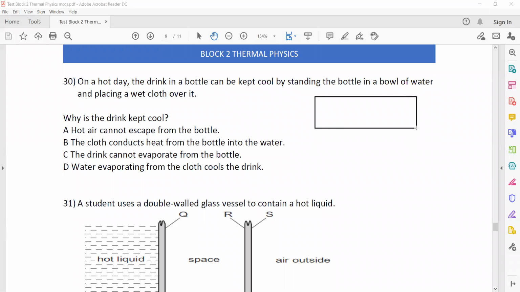Like, this is a container and we have a bottle, and that bottle is covered with a cloth. So when evaporation occurs, it takes energy. So the liquid inside the bottle will remain cool. So water evaporates from the cloth and cools the drink.